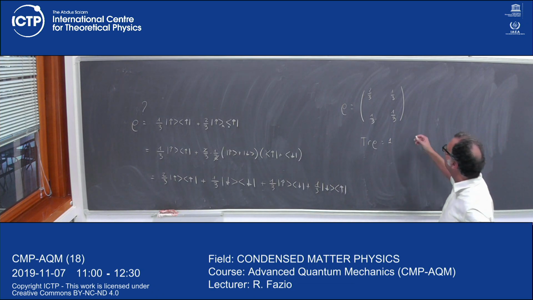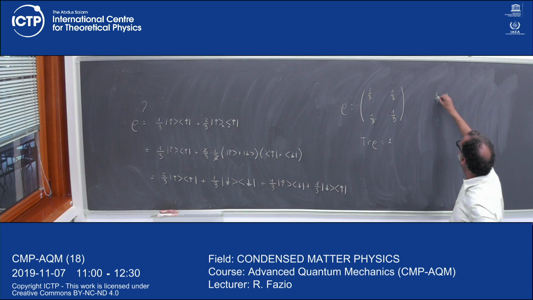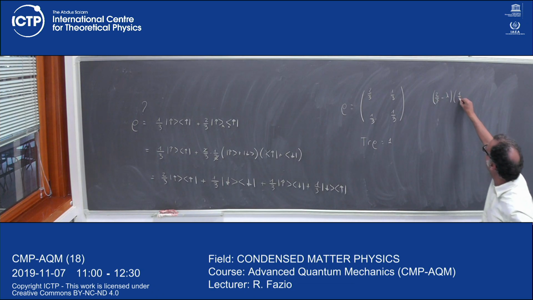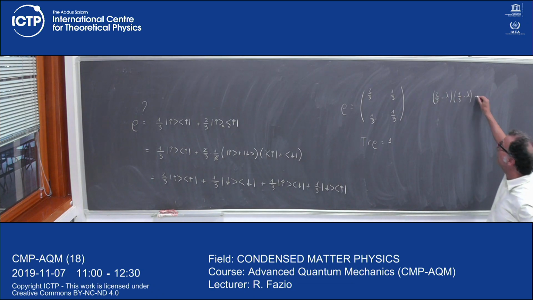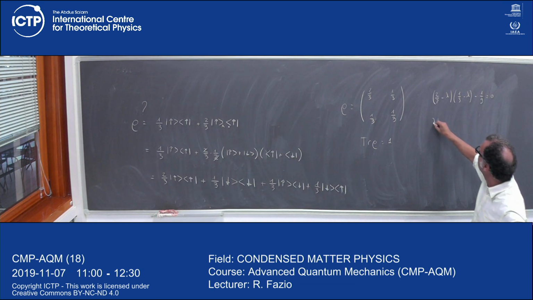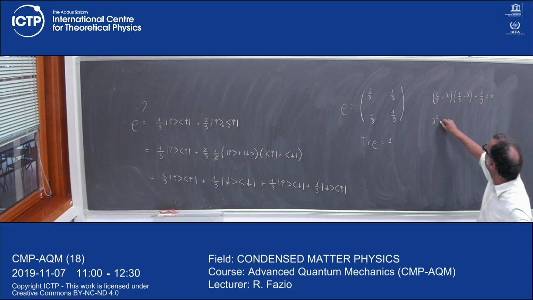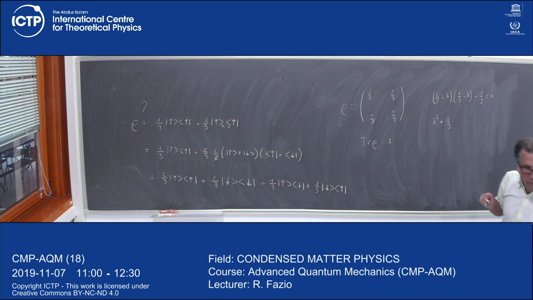So basically what we have to do is (2/3 minus lambda) times (1/3 minus lambda), minus 1/9. So I get lambda squared minus (2/3 plus 1/3) lambda, plus 2/9 minus 1/9, equals 0. Just correct me if I'm doing anything wrong.